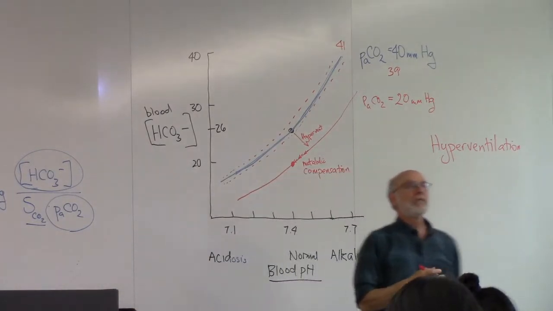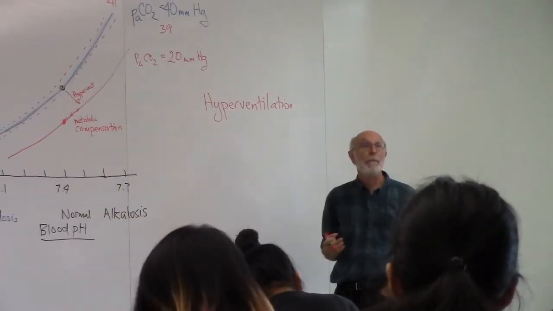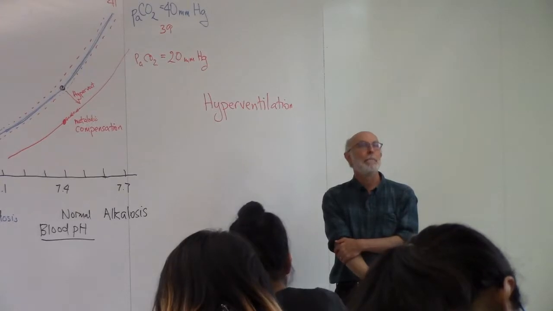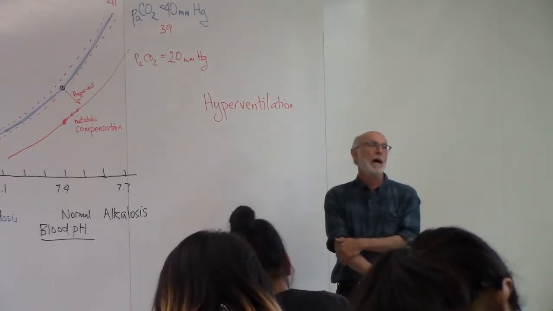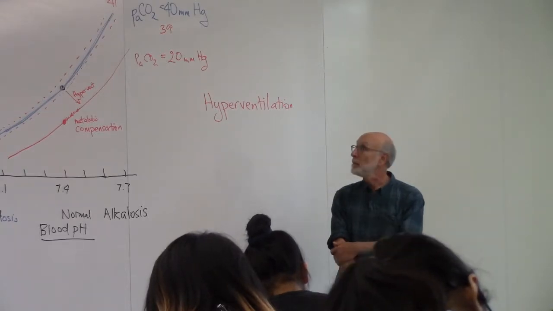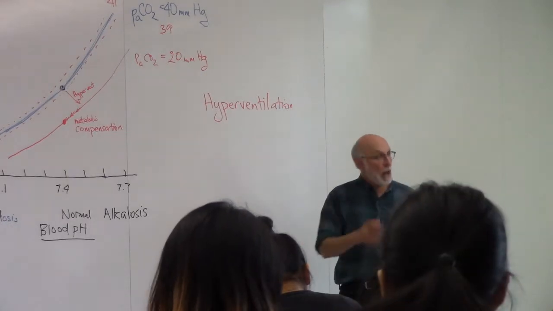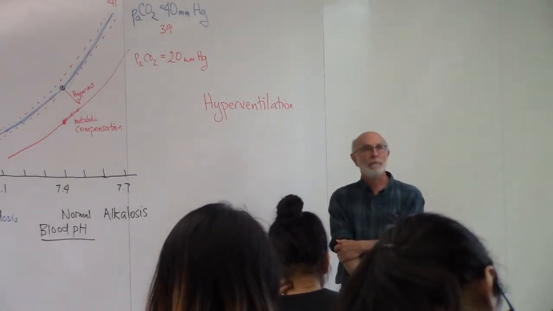Metabolic being something other than the respiratory system. In this case, it's renal compensation. But for now, let's just call it metabolic compensation. It's renal compensation. Okay, so we've clarified some of the Davenport diagram.